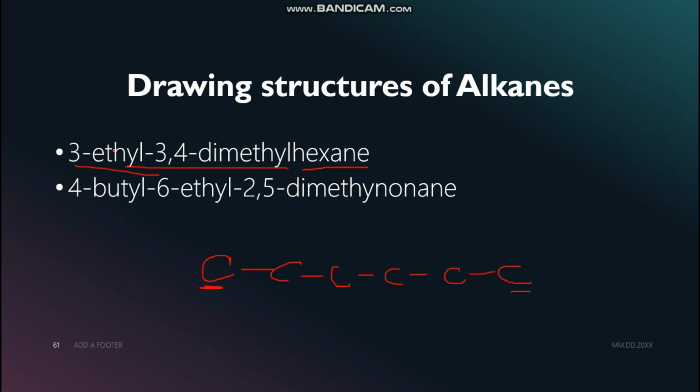Okay? So, on the third carbon, it has an ethyl. Okay? Third carbon, 1, 2, 3. So, the third carbon has an ethyl. So, CH2, CH3. And this is 2. And on the third carbon also, it has a methyl. Okay, here on top, I will put CH3.